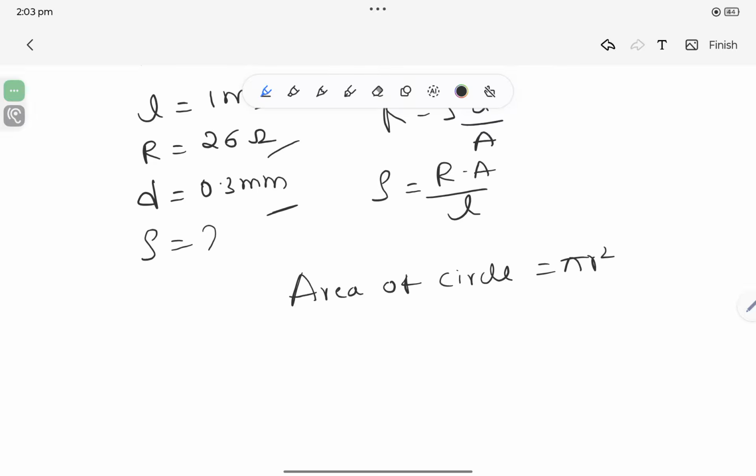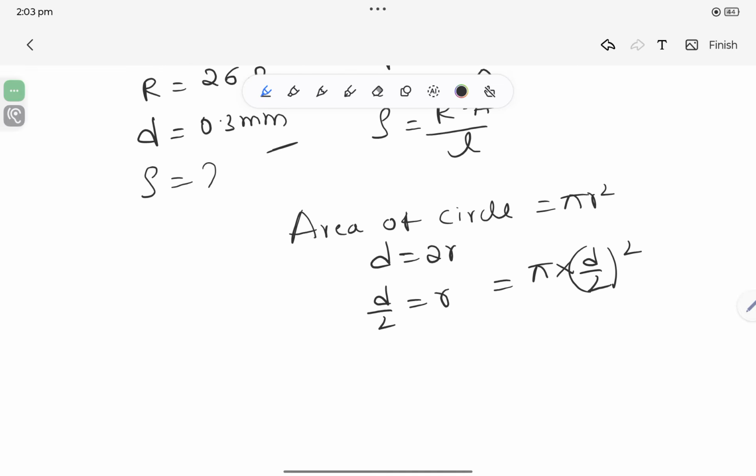What is the relation between radius and diameter? Diameter is equal to 2 times radius, so d by 2 is equal to r. Substitute this formula: pi into d by 2 whole square. It becomes pi d square by 4.